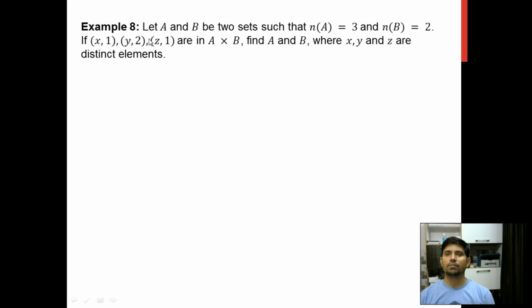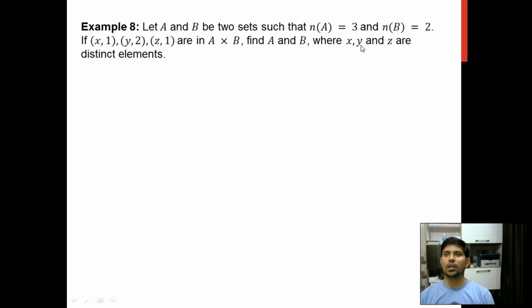Next example. Two sets A and B are given and A has 3 elements. The cardinal number of A is 3 and B has 2 elements. And (x, 1), (y, 2), (z, 1) are in A cross B. It means some elements of A cross B are given.